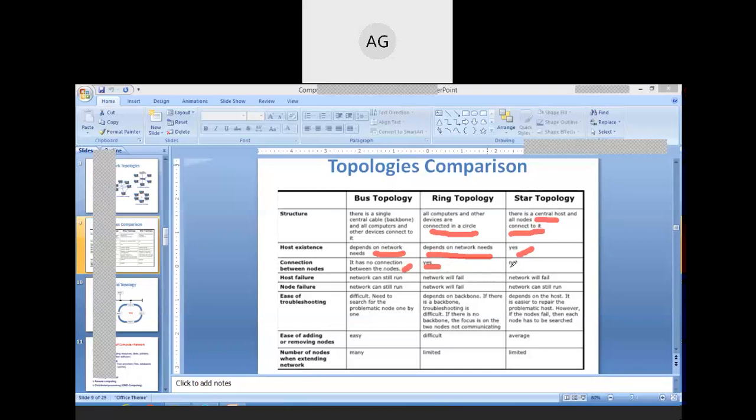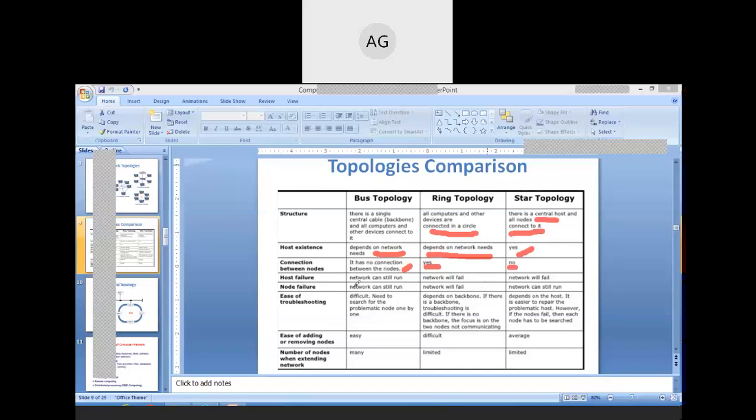In the case of star topology, there is no connection between the two computers because all the computers are connected to the central controller, and the central controller is then connected to all the systems, but there is no connection between two computers.